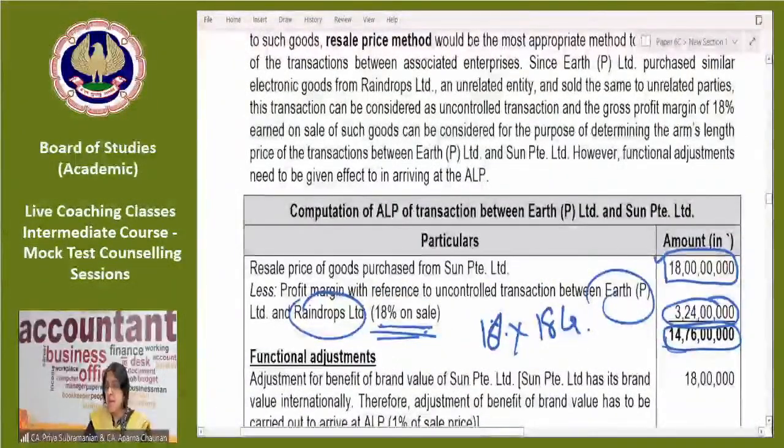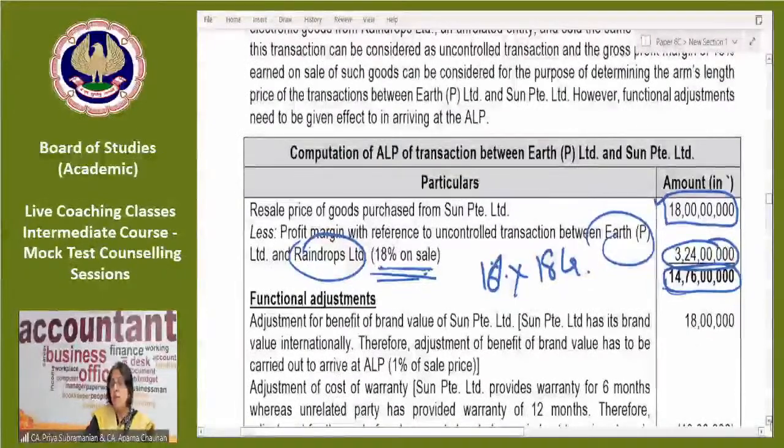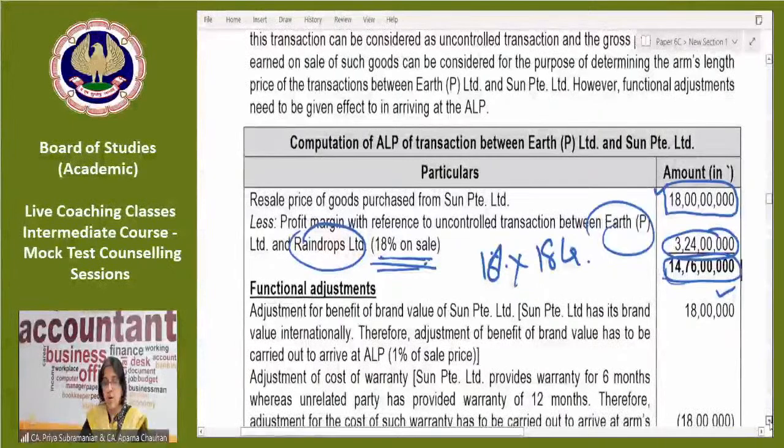So in this case, for brand value, you have to pay more, so you have to add that. It's 1% of sale price, 1% of 18 crore, which will come to 18 lakh. And for the cost of warranty, Sun Private Limited provides only for 6 months, while an unrelated party provides warranty for 12 months. So for that, you will have to pay less. The difference is 6 by 12 of 2%, where 2% of sales price is the warranty cost.